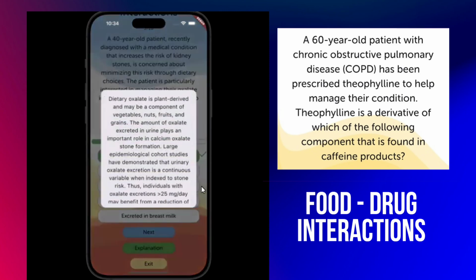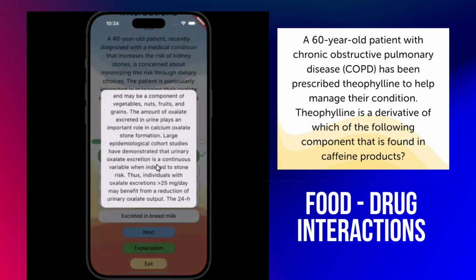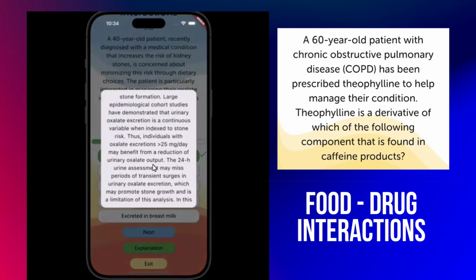Dietary oxalate is plant-derived and may be a component of vegetables, like I mentioned, spinach, rhubarb, chard, nuts, some fruits, and grains. So the amount of oxalate excreted in the urine plays an important role in calcium oxalate stone formation. Remember, calcium oxalate is a very important compound that is involved in kidney stones, okay?